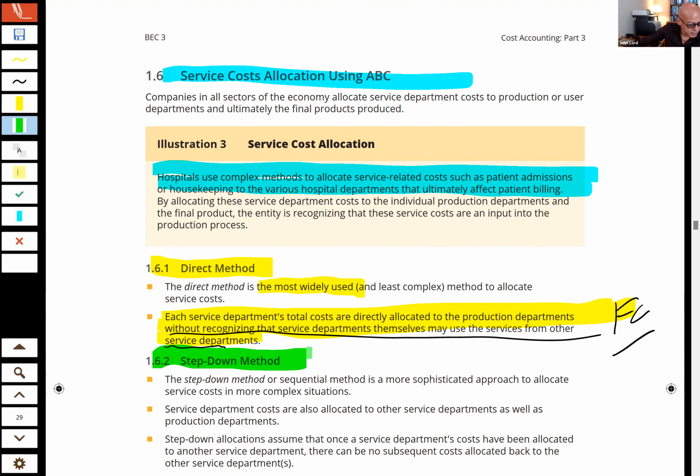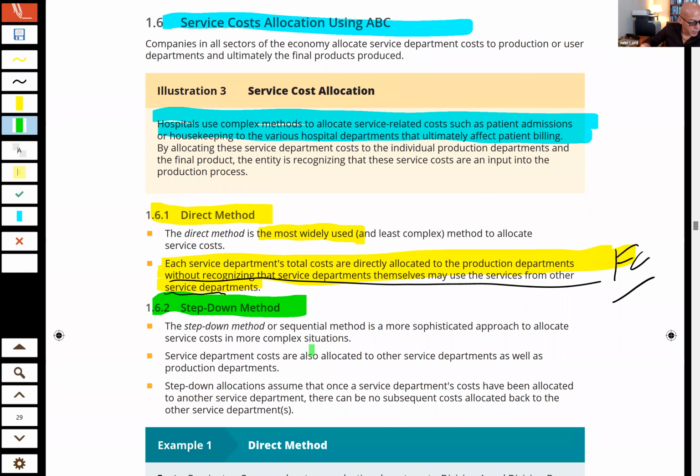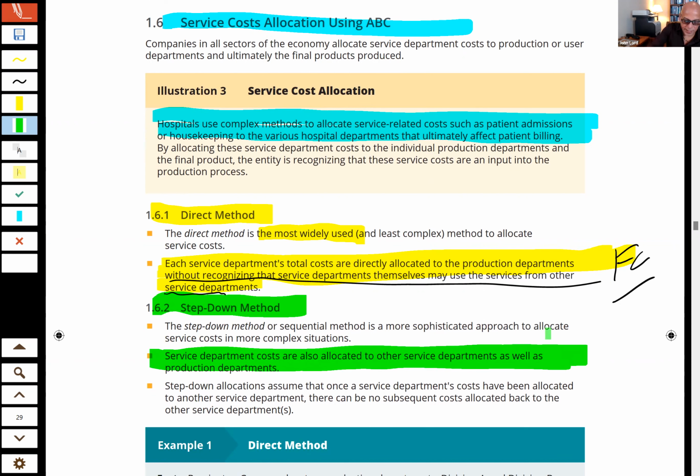So under the step down method, what will happen is we will allocate service department costs to other service departments as well as the production departments. Okay, and again, as we've said, the most commonly used, and put that on your flashcard too, by the way, guys, is the single direct method versus the step down method.